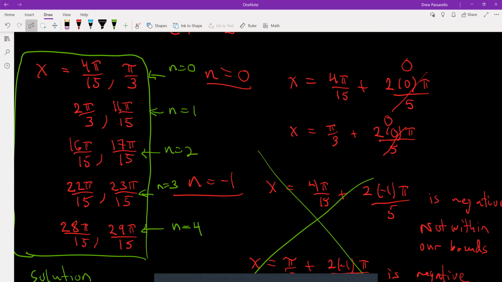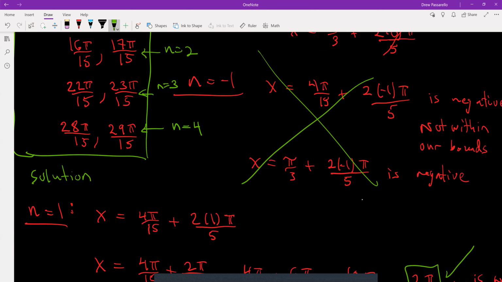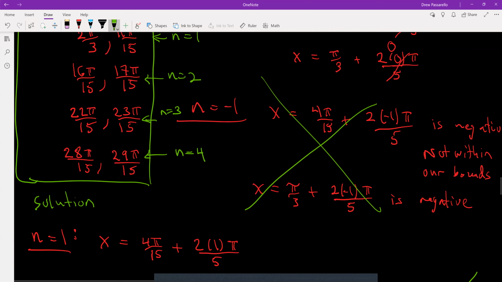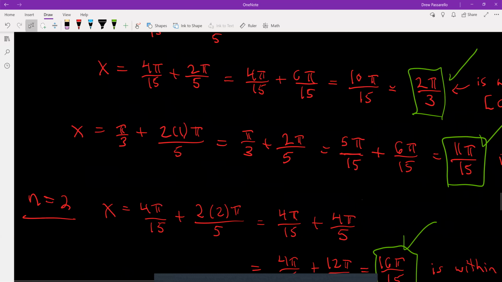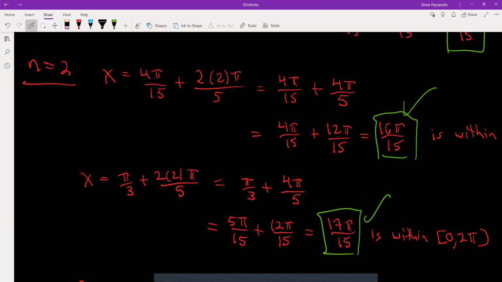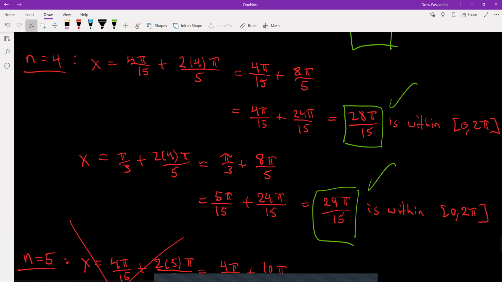When n is -1, that's going to give me some negative number for both of these cases. So since it's negative, that's not within my bounds. So then I didn't even look at any more negative values for n since it didn't work for -1. So then I just used n is 1, got these two, n is 2, got these two, n is 3, and then n is 4.